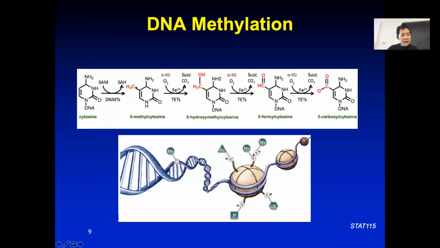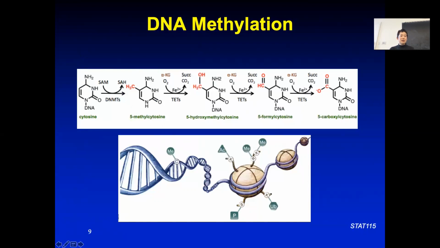But if this hydrogen is replaced with a methyl group, then this is a methylated C nucleotide. On this ring, counting 1, 2, 3, 4, 5, this is on position 5, the 5-methylcytosine. So if there is a methyl group, then the DNA is methylated.